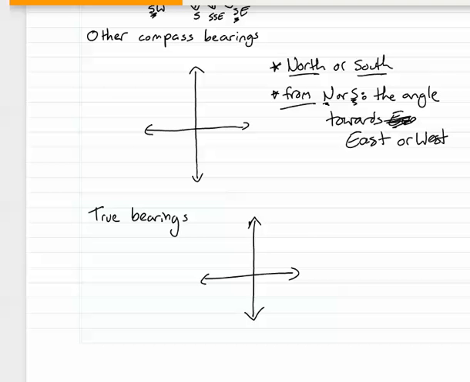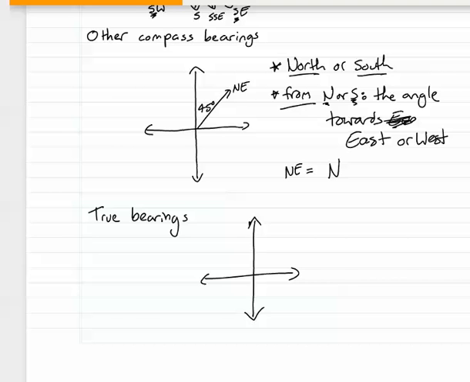So for example, if I had just northeast, which we know is 45 degrees away from north, I'd ask myself two questions. Firstly, is it going north or south? So my northeast is obviously going north.